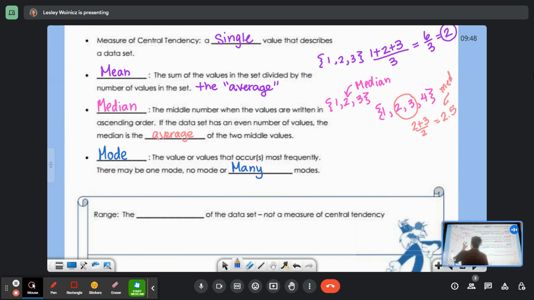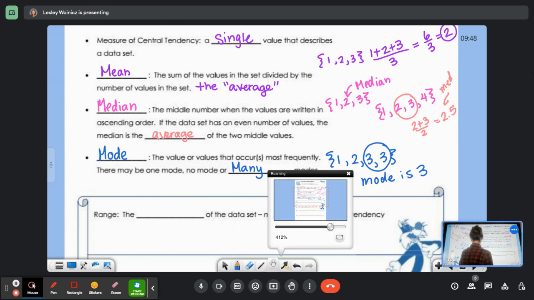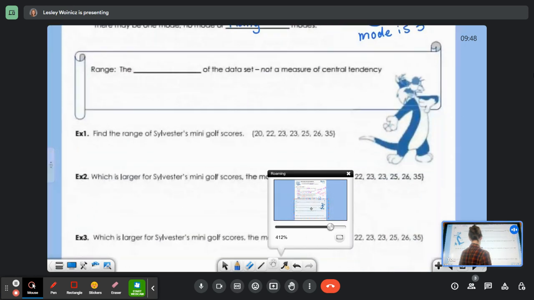So let's say that we had the data set 1, 2, 3, 3. Okay, the mode is 3 because that's the most repeated. Cool. All right, now, those are our measures of central tendency.